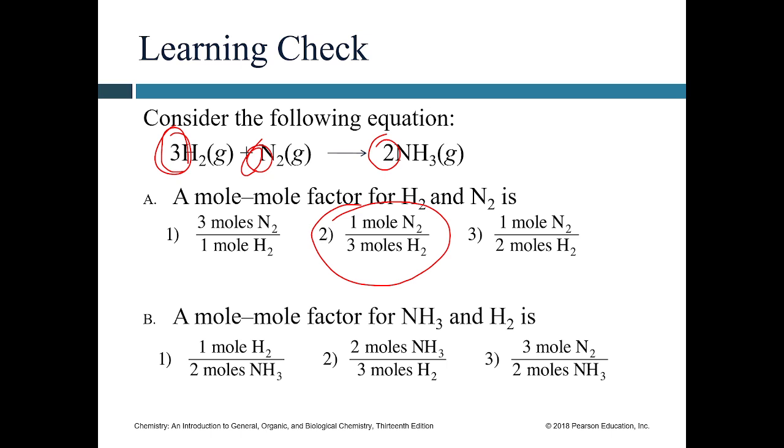We look up at this equation here, and we're trying to find the moles of NH3. That's 2 for NH3. Yep. And then the moles of H2, that one's 3. So those would be 2 moles of NH3 over 3 moles of H2. Which is that one right there. Okay.